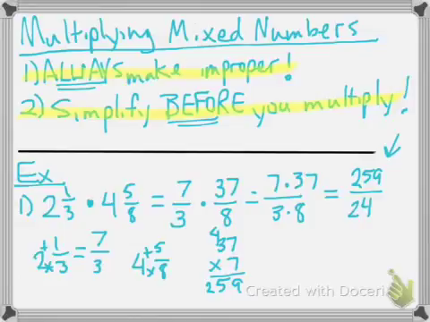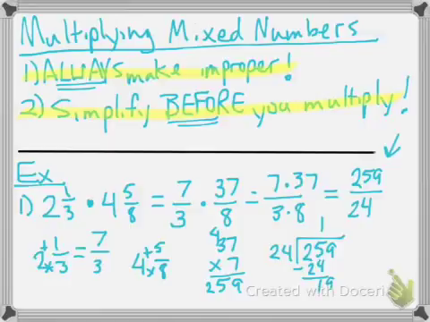Now we remember that every fraction is a division problem, and so we're going to take our numerator 259 and divide by 24. 259 is our dividend, while 24 is the divisor. 24 goes into 25 one time, with 1 left over. Bring down our 9.